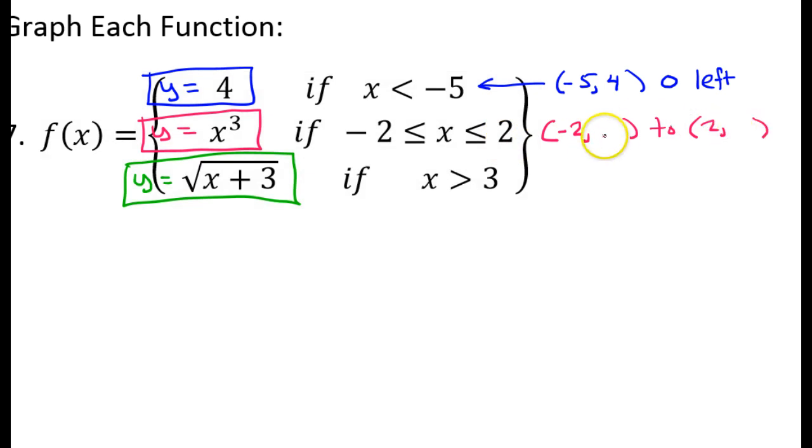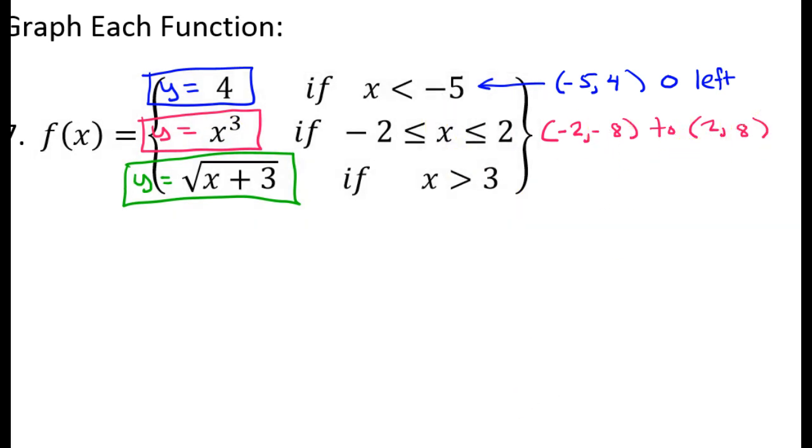Now I need to know what the y values are going to be. So y equals x to the third power. So what's negative 2 to the third power? That's negative 8. What is positive 2 to the third power? That is positive 8. So those are the y values.